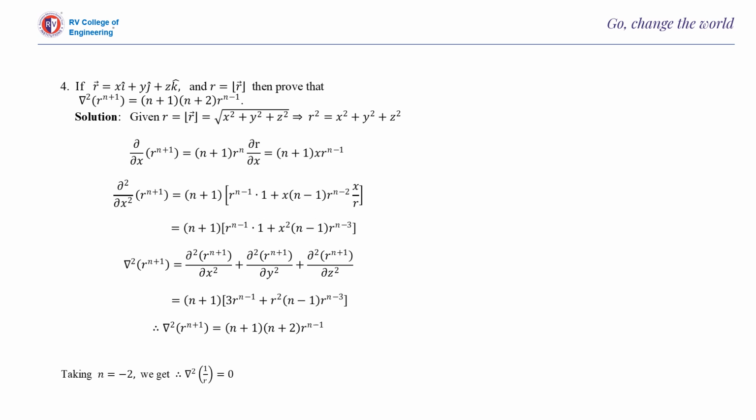So if you add all the three terms, we are going to get (n plus 1) into (n plus 2) r to the power of n minus 1. So by taking n equal to minus 2, we get nabla square of 1 by r as 0. Similarly, many special cases can be derived with the help of this result.